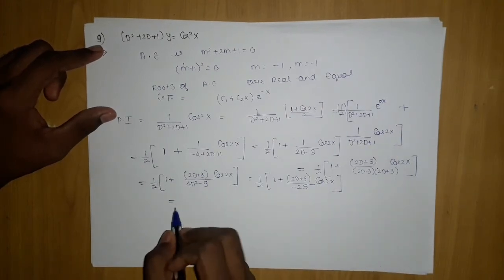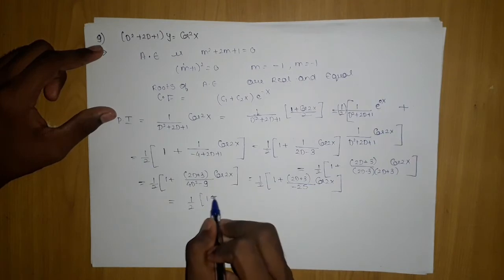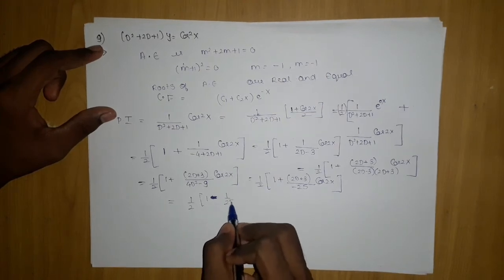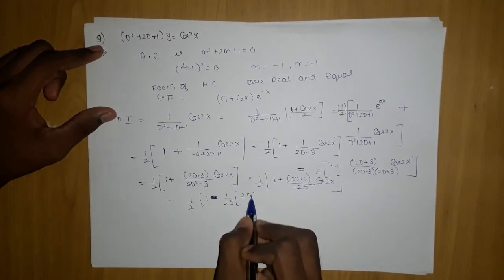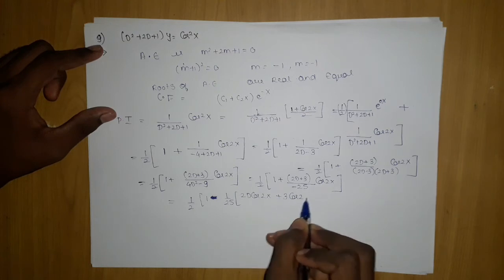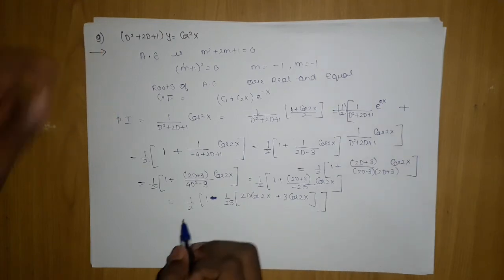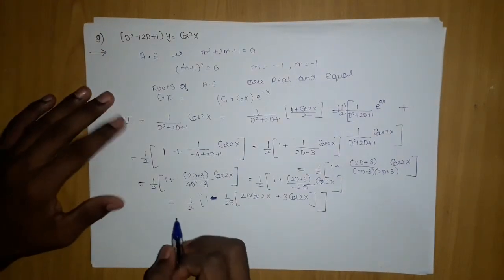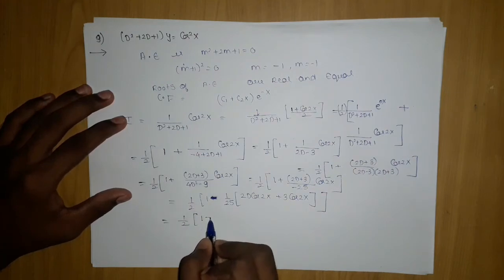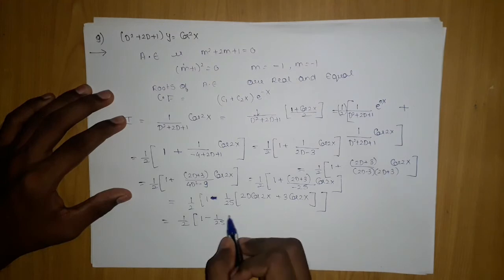Now after this, 1/2 into 1 plus, here minus will be there. We keep the 1/25 outside: 2d cos 2x plus 3 cos 2x. After doing this step, we are going to get the answer. 1/2 will be as it is, 1 minus 1/25 as it is, 2 into differentiation of cos 2x.